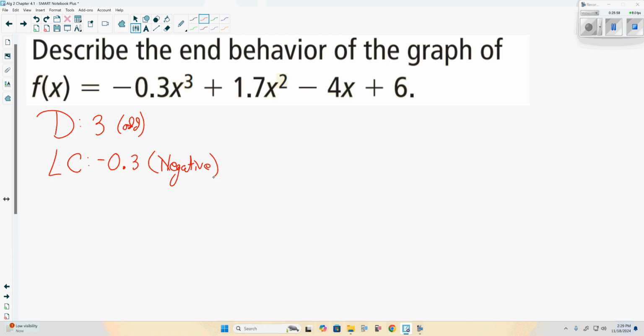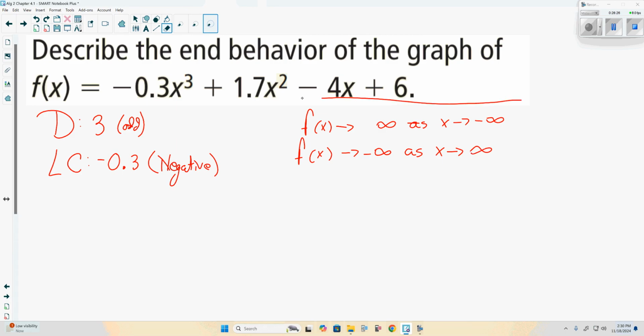So again, we're going to go back to the chart, and we're looking for odd and negative. According to the chart, f of x approaches positive infinity as x approaches negative infinity, and f of x approaches negative infinity as x approaches positive infinity.